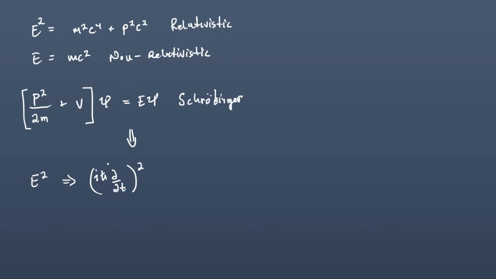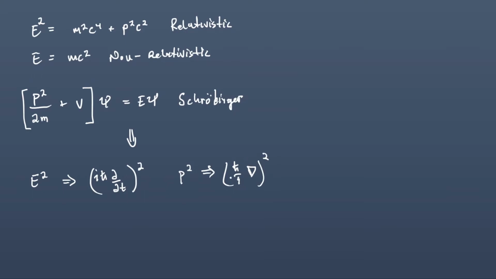And our momentum squared is (ħ over i) times the gradient, squared.